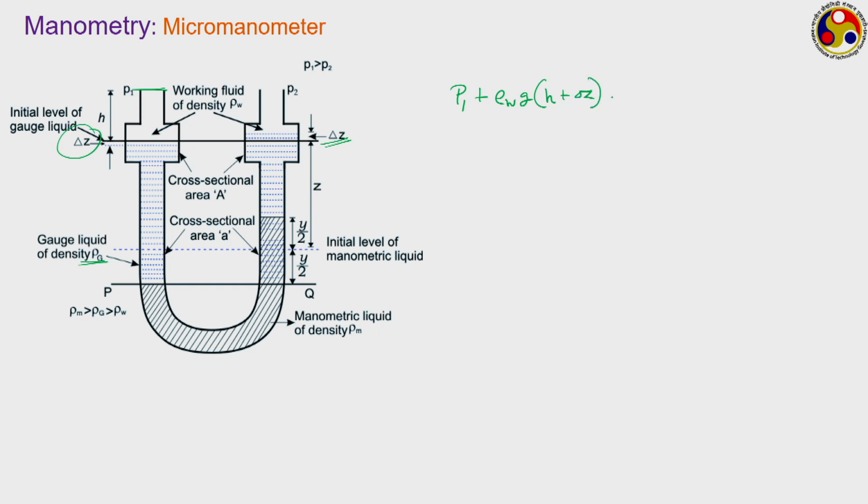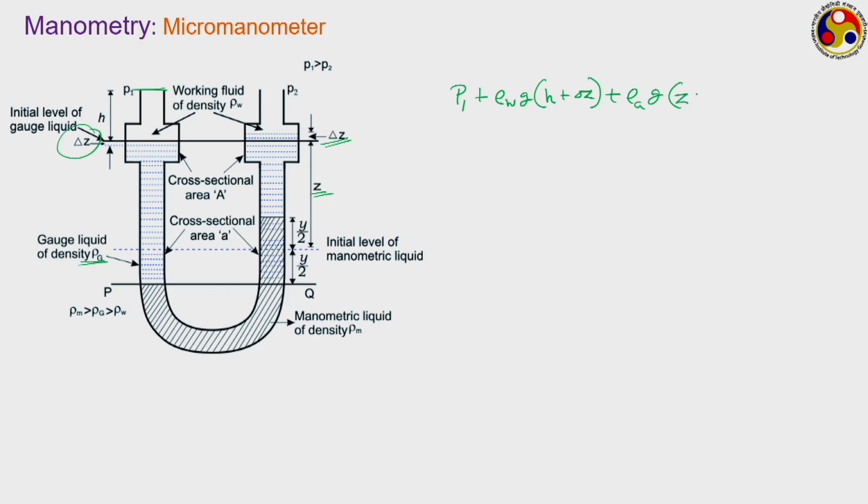So h plus delta z is the height of the working fluid. Then we have the gauge fluid. So how much is the height for the gauge fluid? It is rho g into g into how much is the height? Its height is, if you see, z is the height between the initial level of the manometric fluid and the initial level of the gauge fluid. So let us put z.